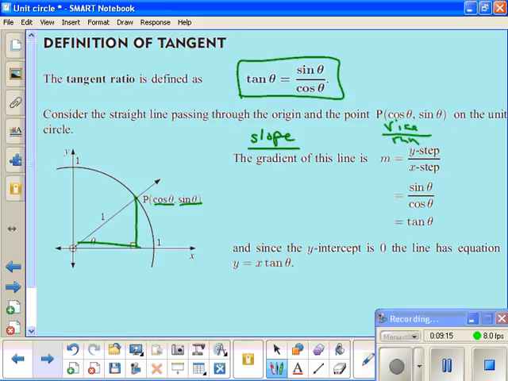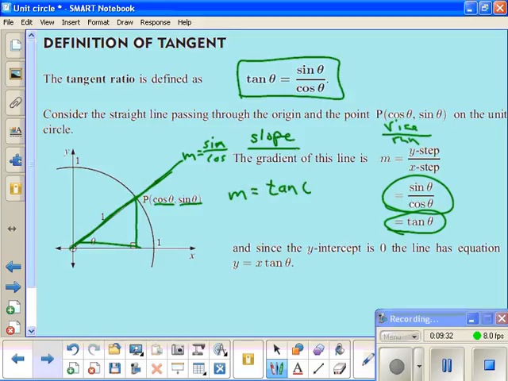So isn't the slope of this line that's being represented here just sine over cosine? That's what we're saying is true, so the slope of a line is the same as the tangent of theta. The slope of a line, in its relationship to the x-axis, is always going to be the tangent of theta.